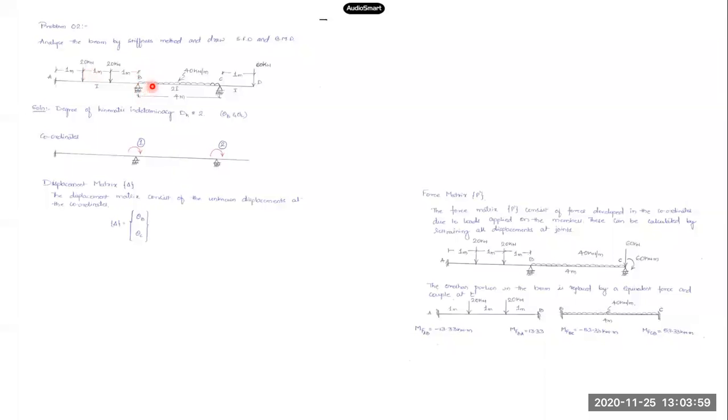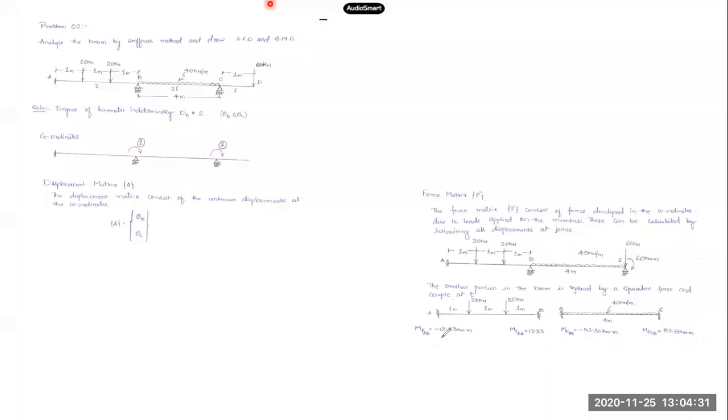Now the question will come, what if settlement is given? In case of settlement, the moment due to settlement will be taken in the fixed end moments. When I am dealing with the calculation of the P dash matrix, in addition to this, suppose support B is settling down, I'll have to calculate the moment due to settlement, and that moment should be added to the fixed end moments.